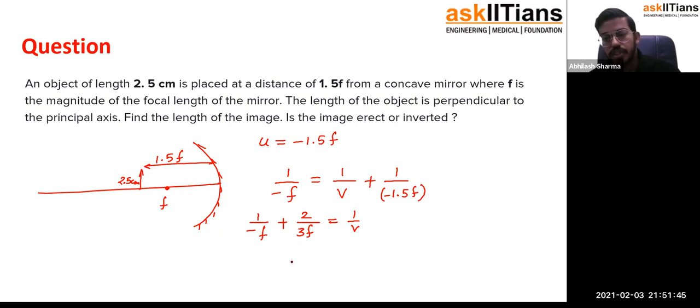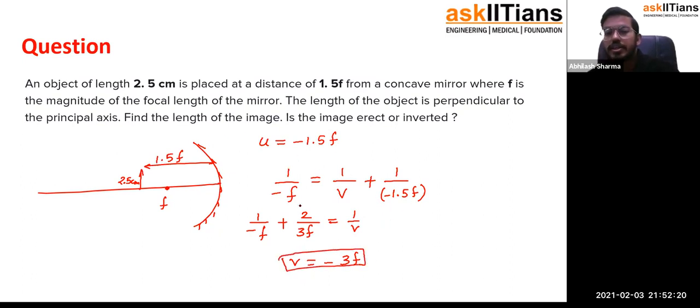So take the LCM and solve it. You will have negative 3 plus 2, that's negative 1, so negative 1 by 3f. Negative 3f is the value of v. So the image is also forming on the left side. That is what this answer tells you.